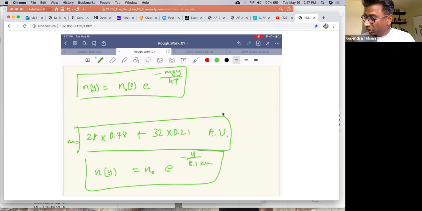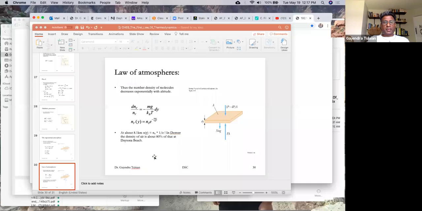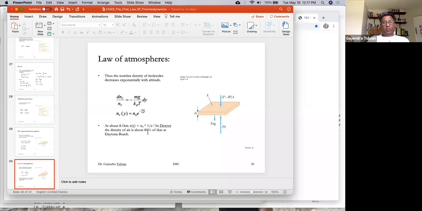At 8.1 kilometers, the density is 35% that of ground level. On top of Mount Everest, which is higher than 8 kilometers, the air is very thin. It's only 35% the density at ground level. In Denver, which is a mile high, the air is about 80% the density at Daytona Beach.